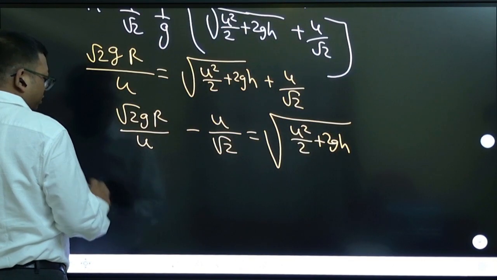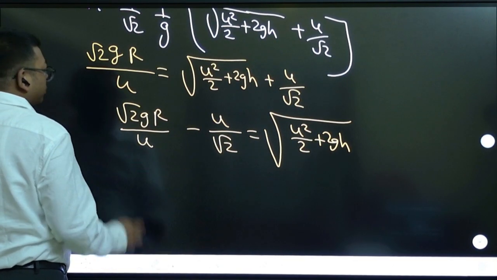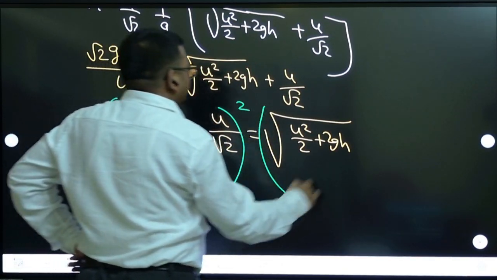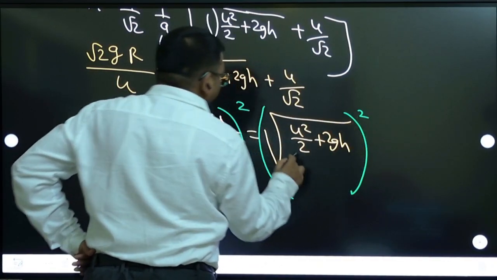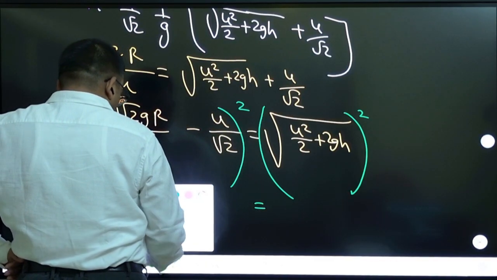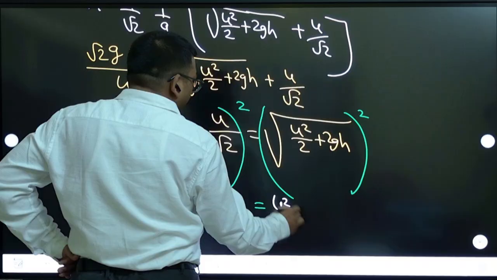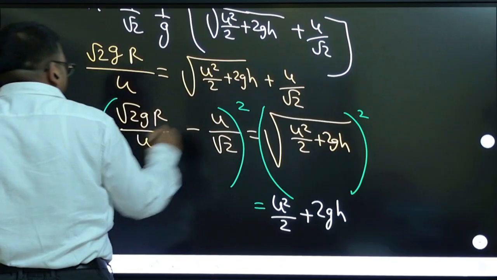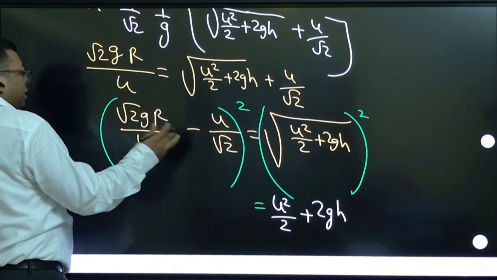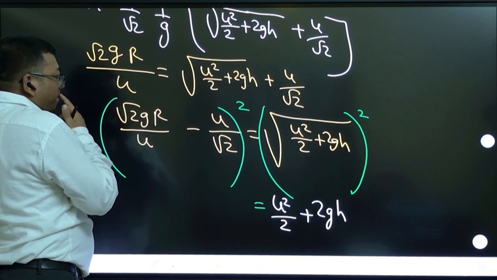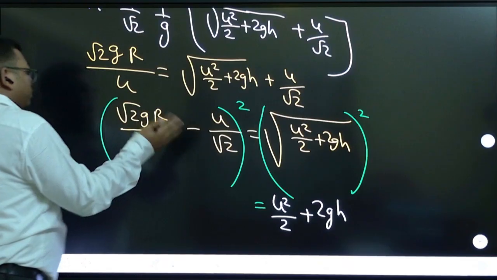Okay, let us try that. So I am going to do squaring. That means this side I am going to do square, and this side also I will do square. So square if I do, root will go away. Here root will go away. So we will get u square by 2 plus 2gh. And then here also this can be written as a minus b whole square.